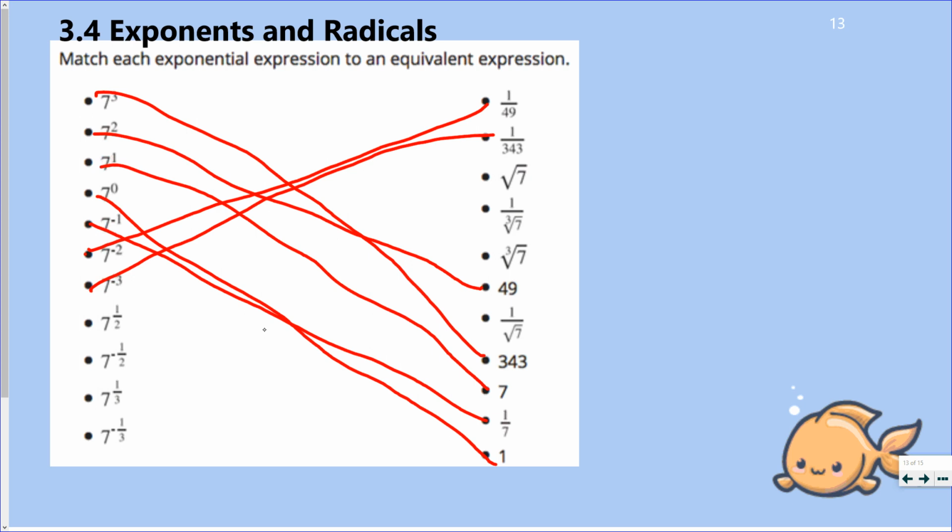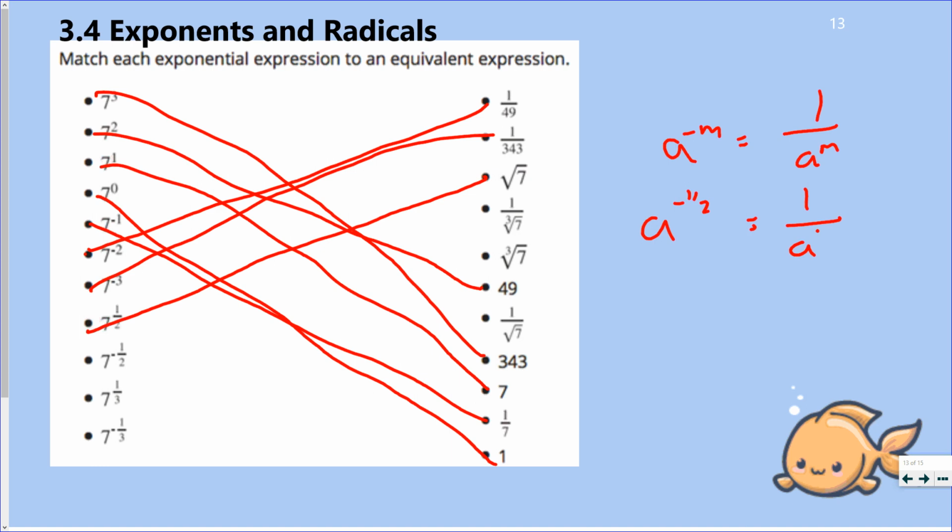Now again, with exponents, an exponent of 1/2 means square root. They are equivalent. But what about a negative 1/2? Well, remember that a to the negative m is equal to 1 over a to the m. So a to the negative 1/2 is 1 over a to the 1/2.